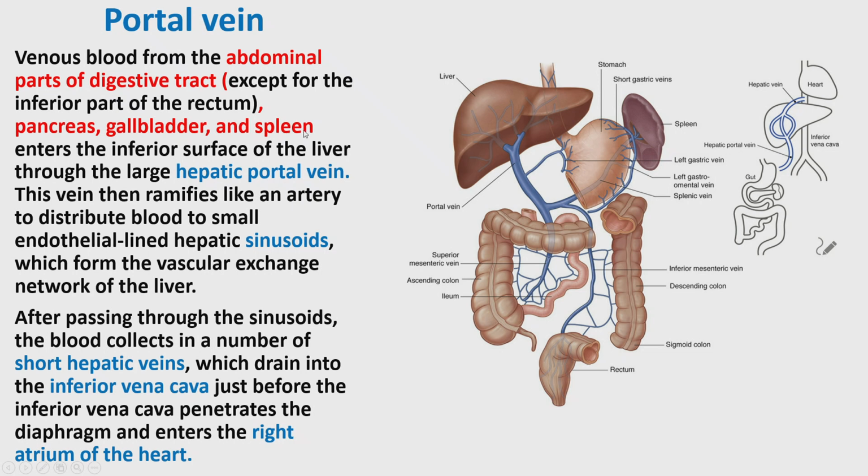What is the content of the blood from the spleen? Old red blood cells, which are broken down in the spleen, and the breakage of the red blood cell gives hemoglobin. So it's the iron and the globin, carried by the blood to the liver.